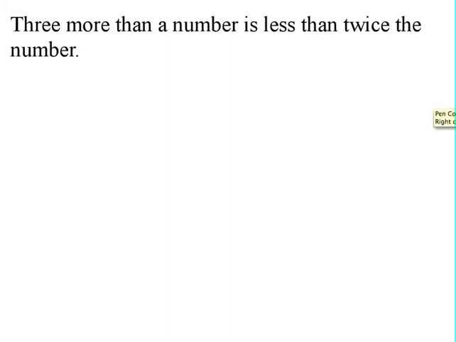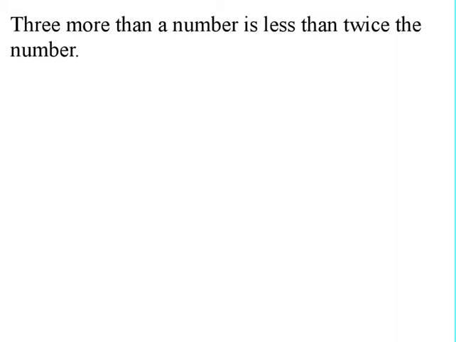3 more than a number is less than twice the number. 3 more than a number, is less than, twice the number. So remember what we said to do.